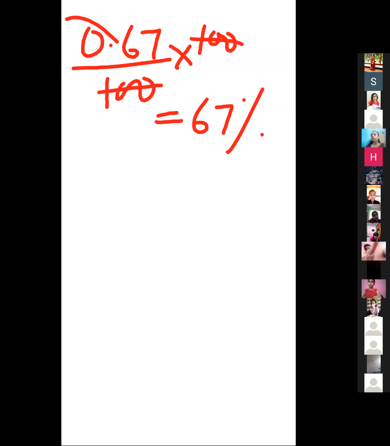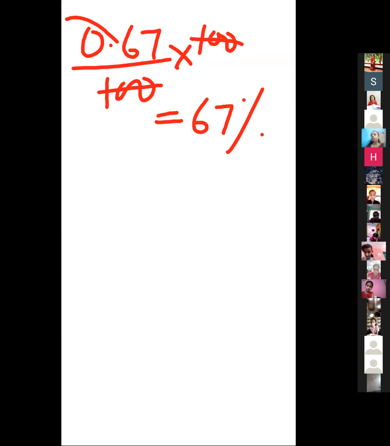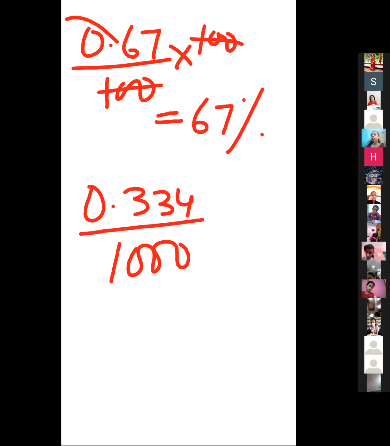Okay. Priyanshi, what is your doubt? Yes, unmute yourself. Yes, ma'am. Ma'am, can you explain this one? 0.334 upon 1000. I have explained, na, we have to remove the point. Yes, हटाया ma'am. तभी 1000 आया ना. Okay, ma'am. So multiply with 100. So cut two zeros.